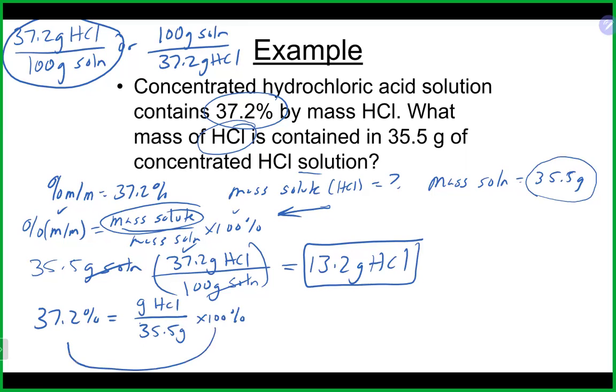You would divide the 100 to the other side, which is what it is right there, and you would multiply the 35.5 to the other side, which is what it is right there. So again, it's the same math. You plug it in or do more of a conversion factor way. Any questions on that there?